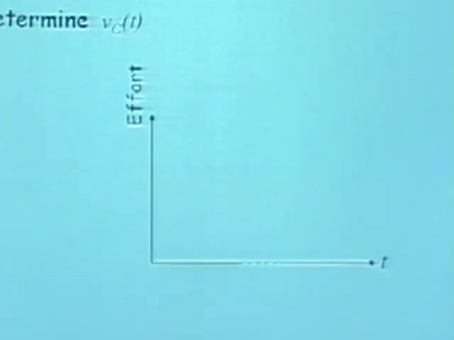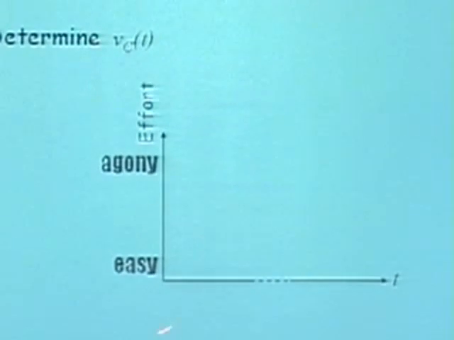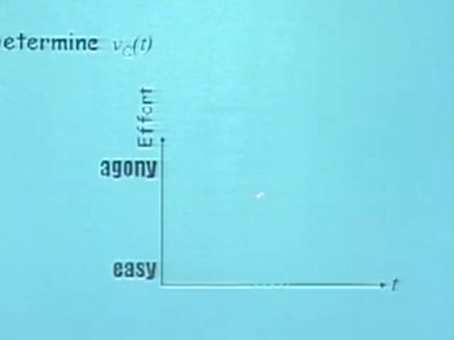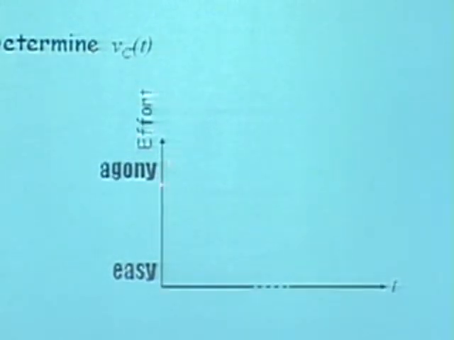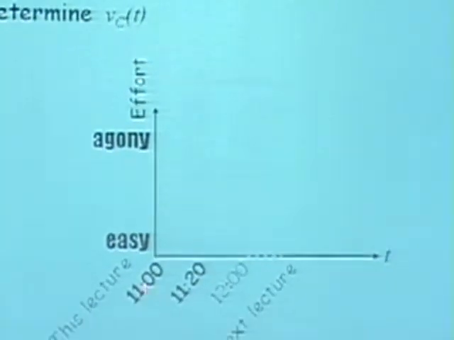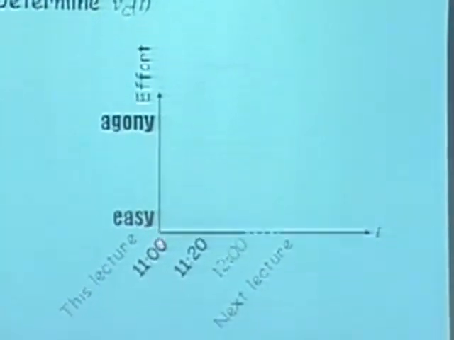On this graph, down here is easy, and up here is pure agony, sheer agony. So it's a scale of effort level ranging from easy to complete agony. And this is the time axis, which starts out at 11 o'clock, the early part of today's lecture, and ends at roughly 12. That's today's lecture, and this is next lecture.